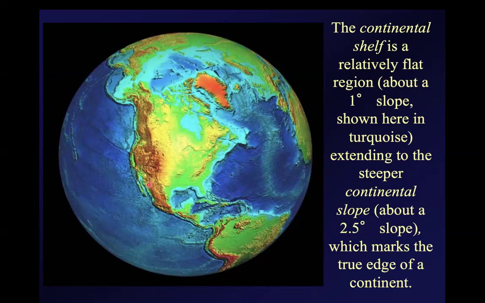And the edge of the continental shelf, sometimes called the shelf break, is really the true edge of a continent. There have been times when sea level was lower, back in the Ice Age, when large parts of the Earth were covered in glaciers.